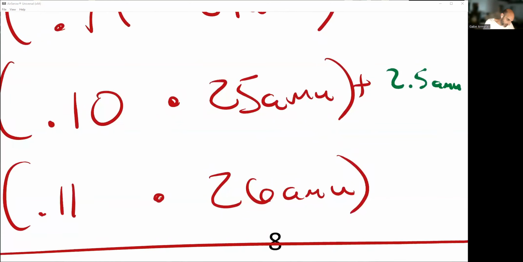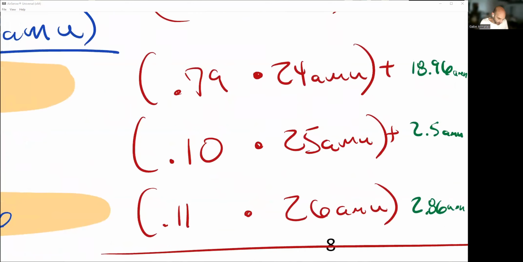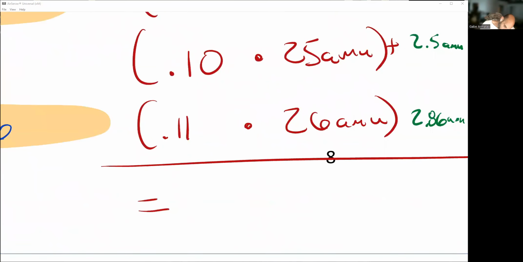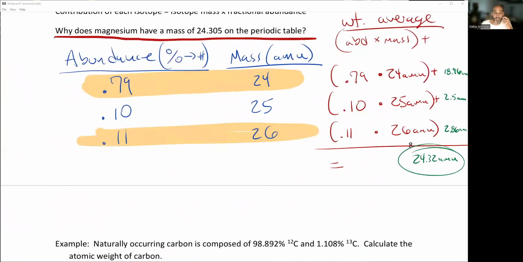And 26 times 0.11 gives me 2.86 AMU. When I add all of these up, 2.86 plus 2.5 plus 18.96 gives me 24.32 AMU. So right there, we have the atomic mass that we find on the periodic table.